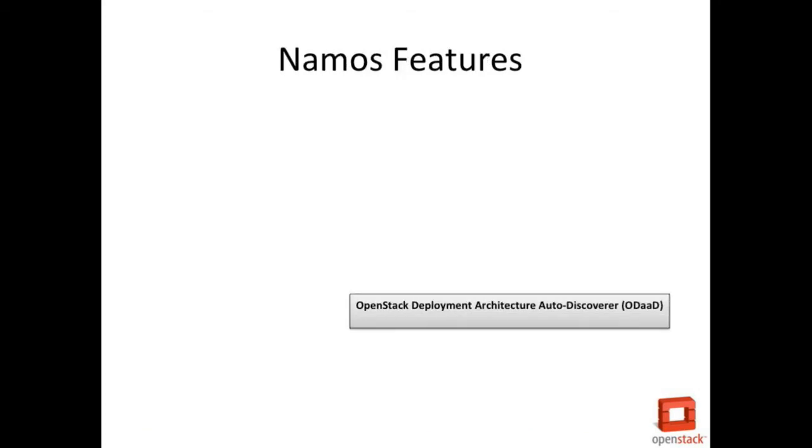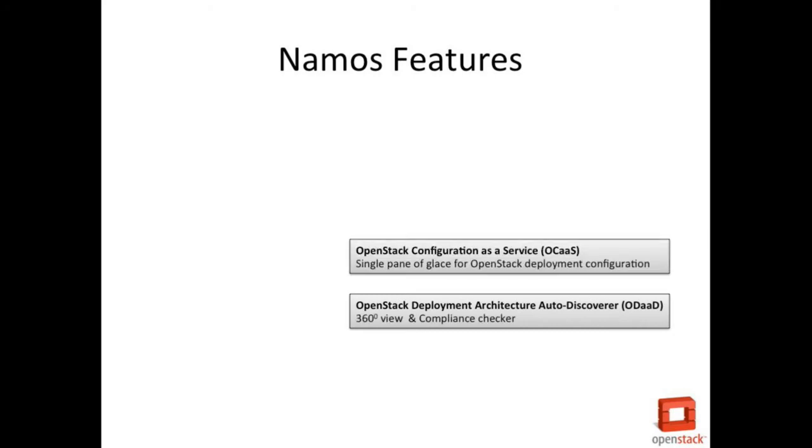So these are the features, and I bifurcate them into four major features. The first one is auto discovery, which gives a 360-degree view. Once you get the deployment view, you can apply a compliance check, say whether it meets my password policy or my security policy. All those things you can bring on top of that.